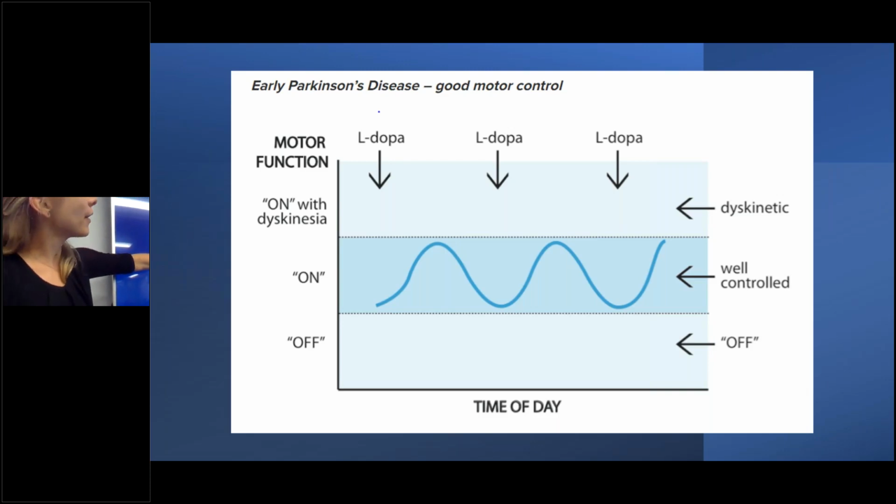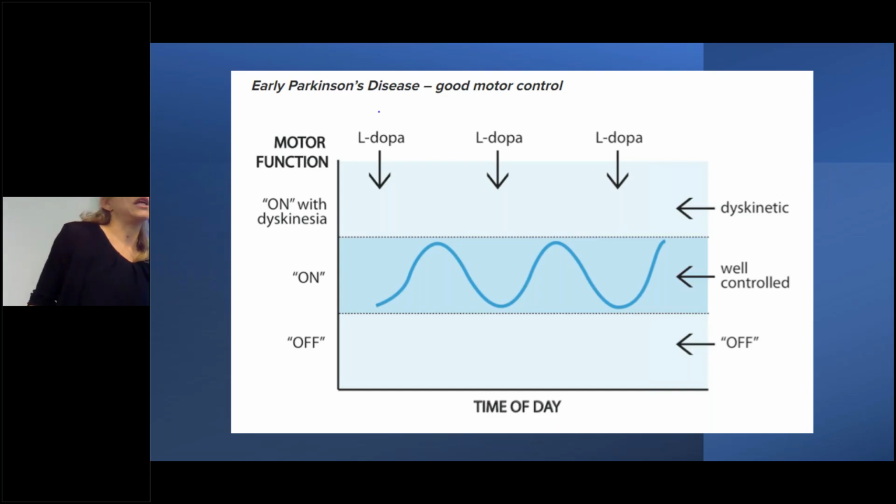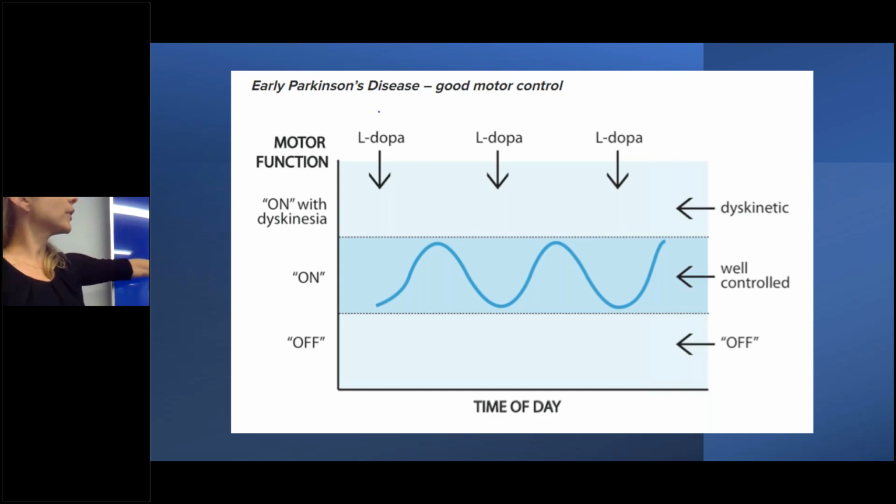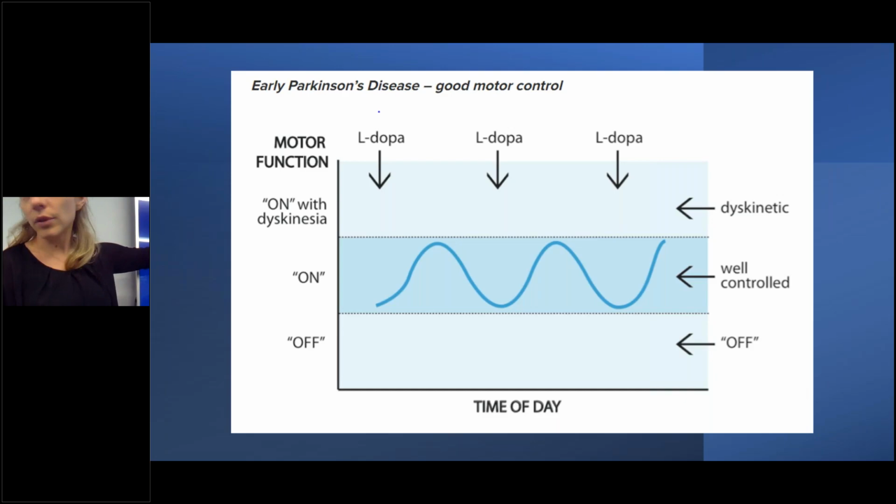They're in this bar here, and that's defined as a good on state. All right. They remain well controlled, even though their dopamine levels may fluctuate, but they're actually pretty well controlled. They have no concept of what on off is. Because guess what? They're on the whole time.